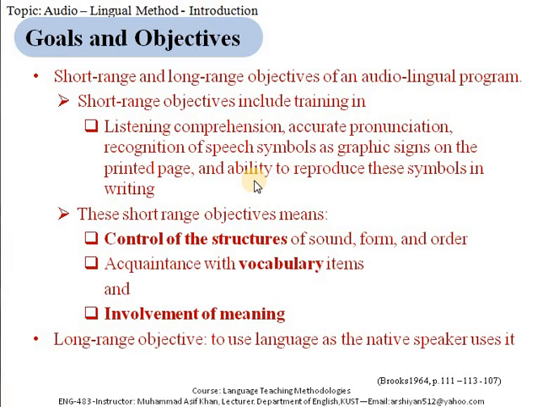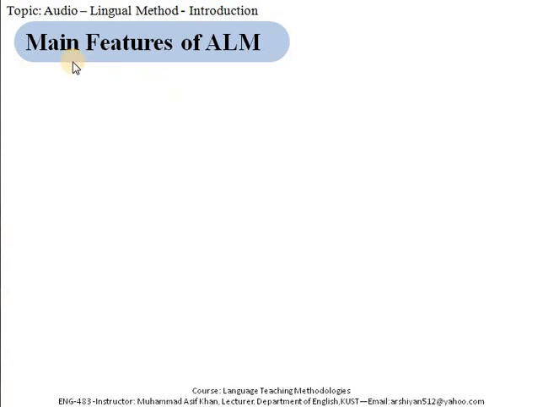These are some of the basic objectives which the teacher or the theorist of the audiolingual method tries to achieve when teaching a language to the student. Now let's move toward the main features of the audiolingual method.